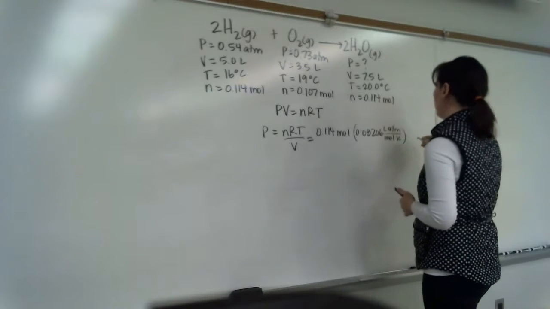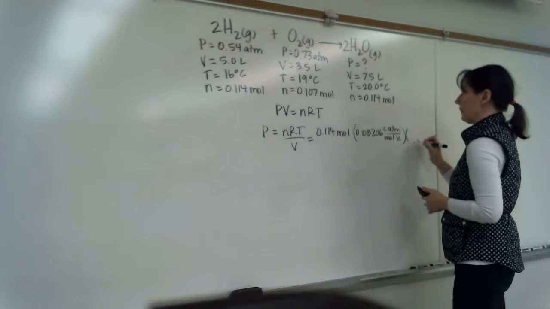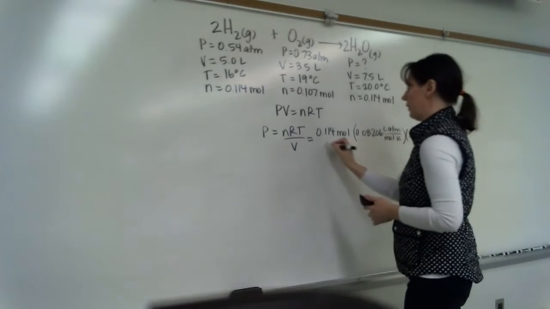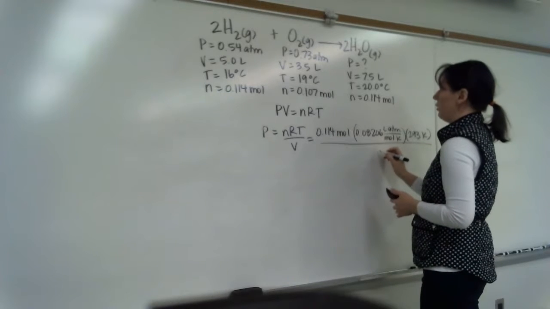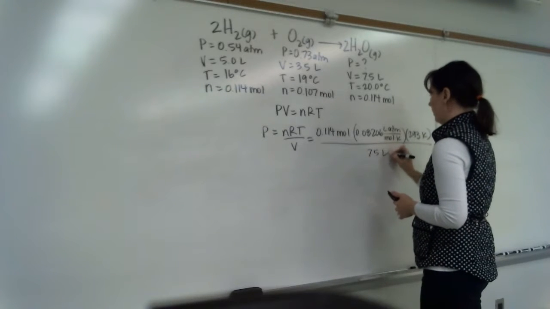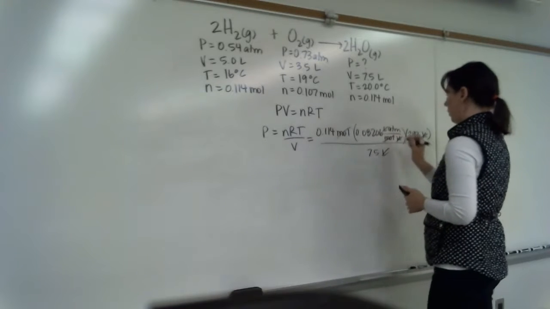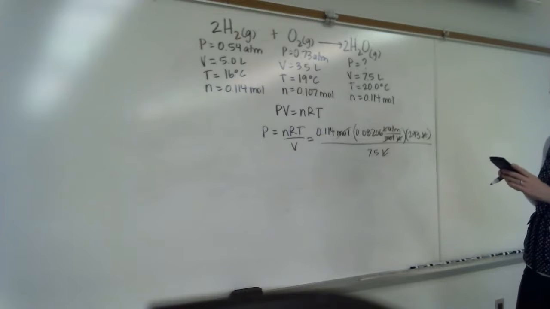And what's my temperature? It's 293. 293 Kelvin over my volume, which is 7.5 liters. Liters, Kelvin, moles. Gives me units of atmospheres, which is what I want.